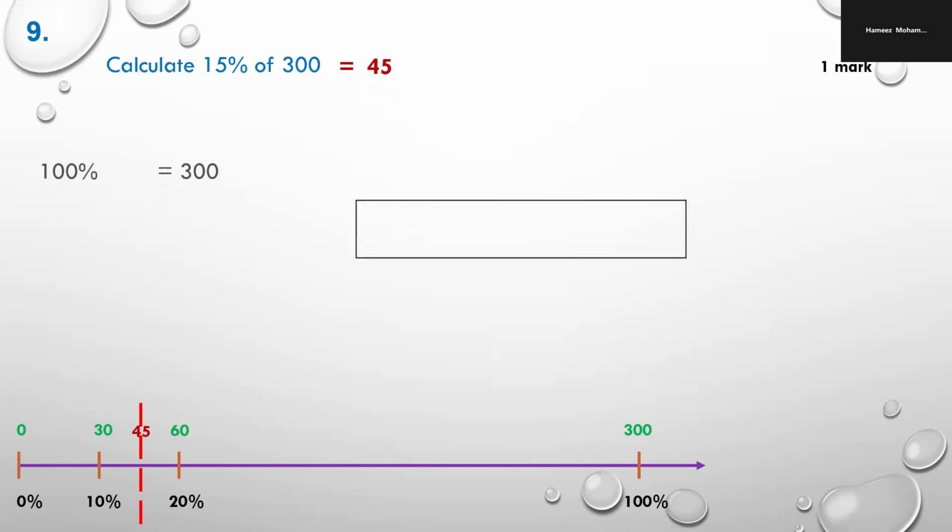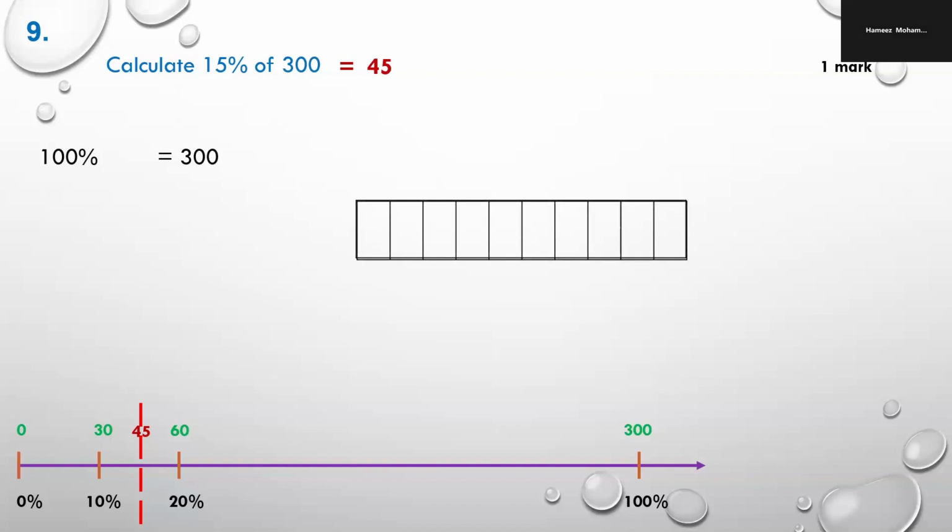We can also look at it as if it's a whole. 100% is equal to 300, or 1 whole is 300. We can break it up into 10 parts. So one of those parts, or 10%, is 30. And we know that 10% is 300 over 10, which we got as 30. What to do now?